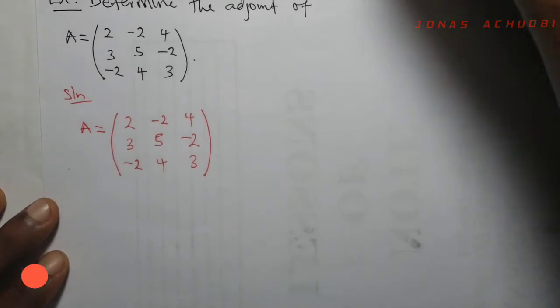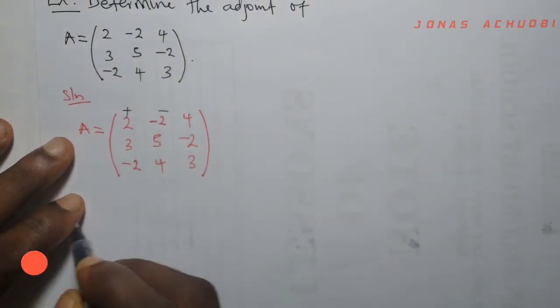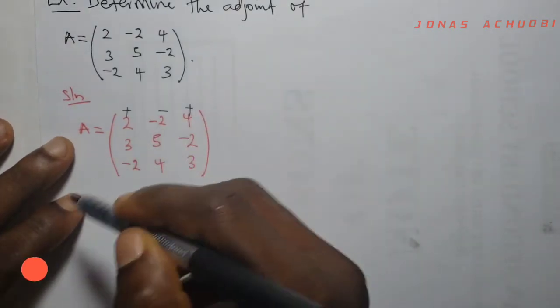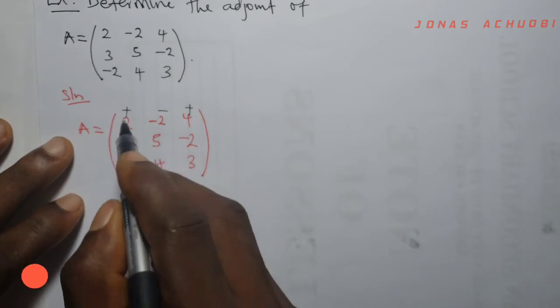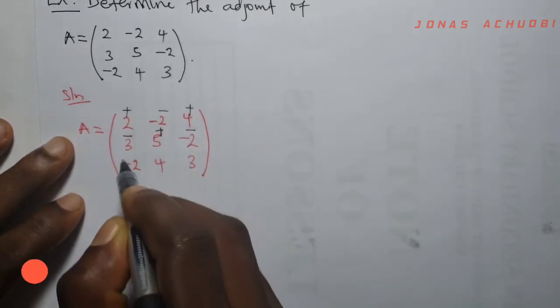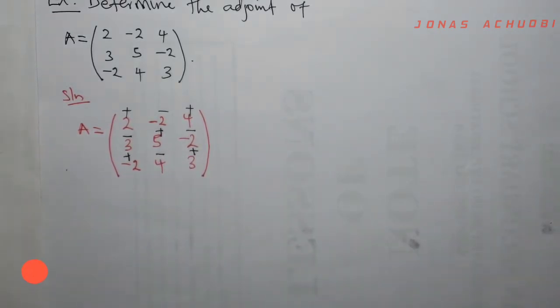And I gave a simple way of fixing those signs. So I'll just start with plus here, minus, and plus. Remember, the same sign should not follow itself. So this is plus. Here will be what? Minus. Minus here will be plus. Here will be minus. Here will be plus, minus, and plus. With that, we're good to go.